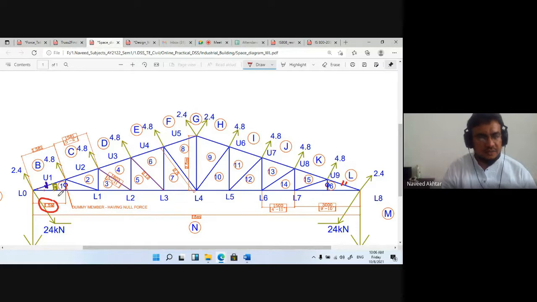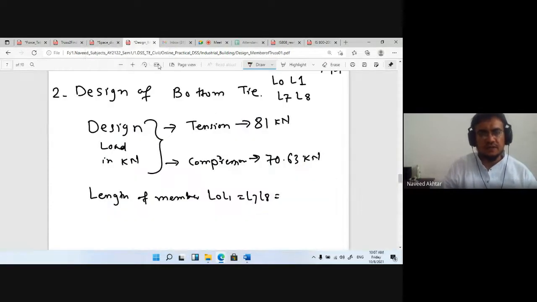Here is the connection, which we have not considered, but we have to consider this. So I will take the length of member as 1.5 meter.